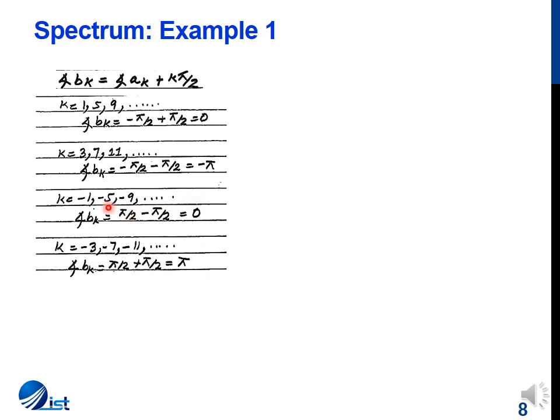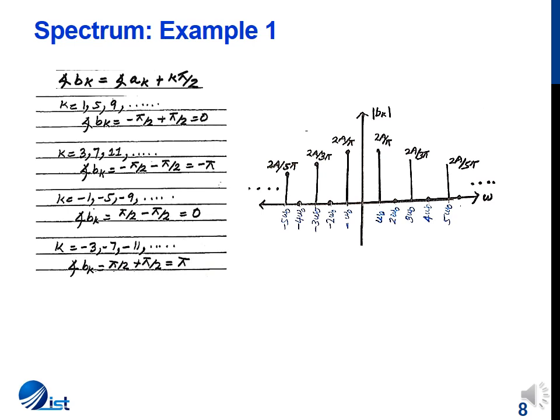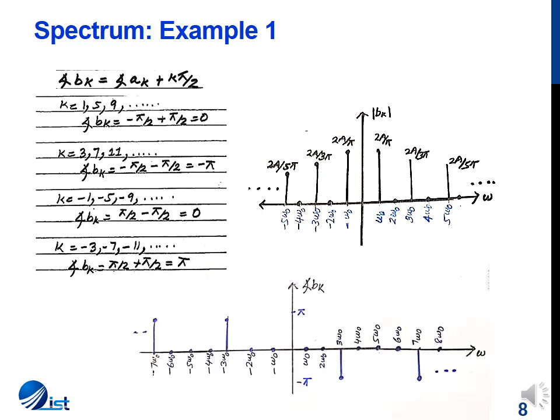When k is minus 1, minus 5, minus 9, and so forth, b of k is again equal to 0, and when k is equal to minus 3, minus 7, minus 11, and so forth, the phase of b of k is equal to plus π. So when we plot the magnitude spectrum of this signal, it is the same as the magnitude spectrum for x of t. The difference comes in the phase spectrum.